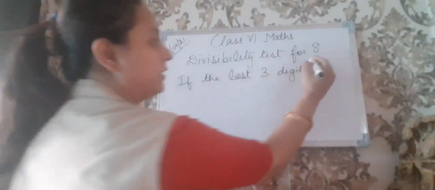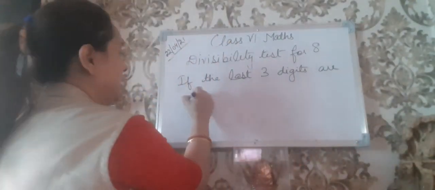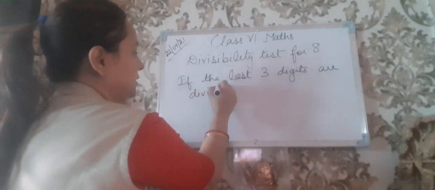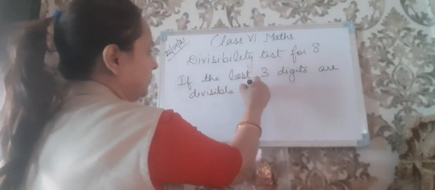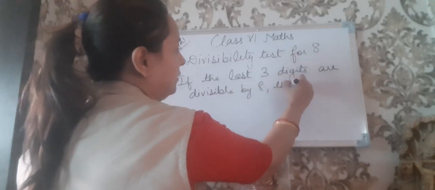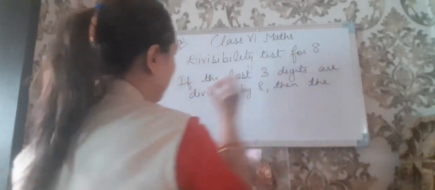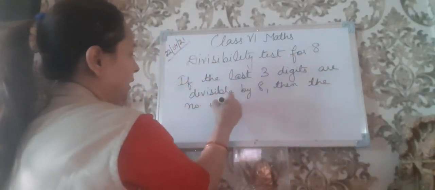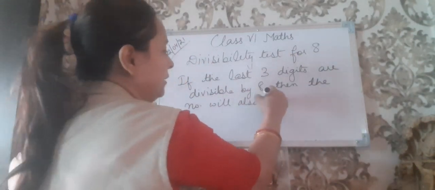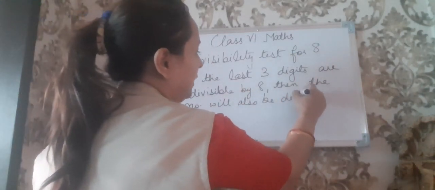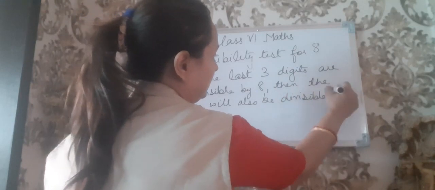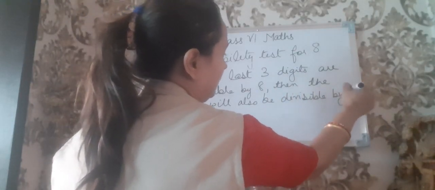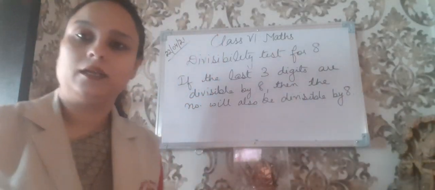If the last 3 digits are divisible by 8, then the number will also be divisible by 8. Understand?